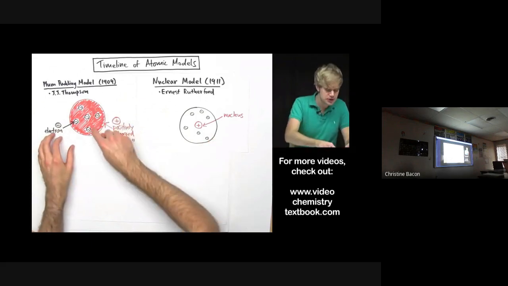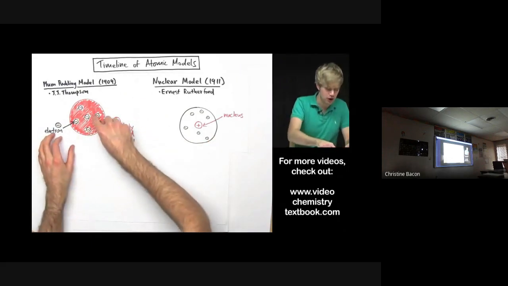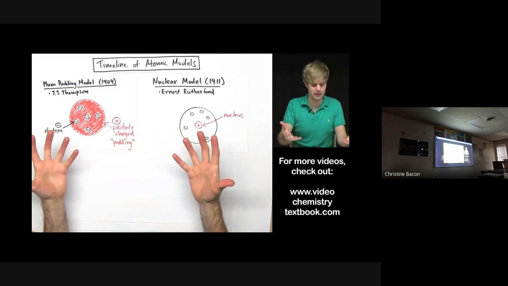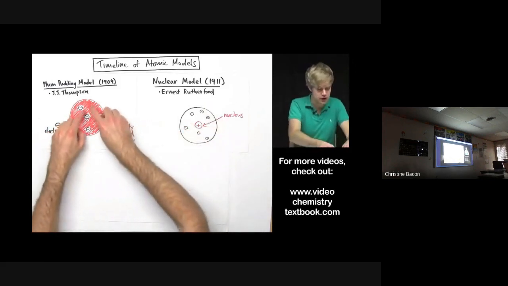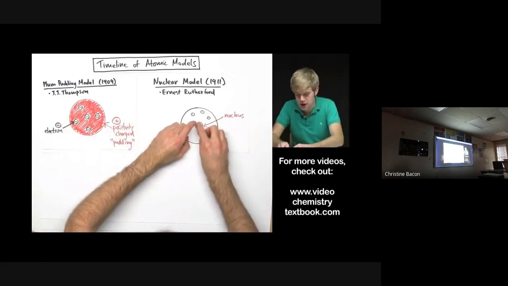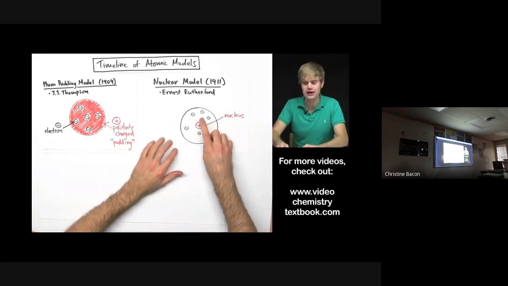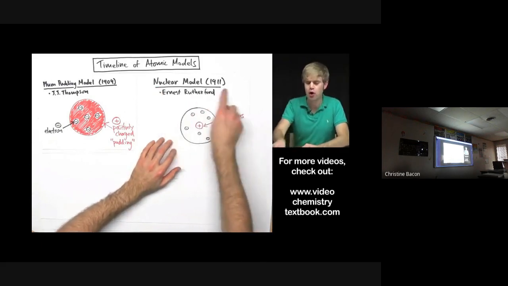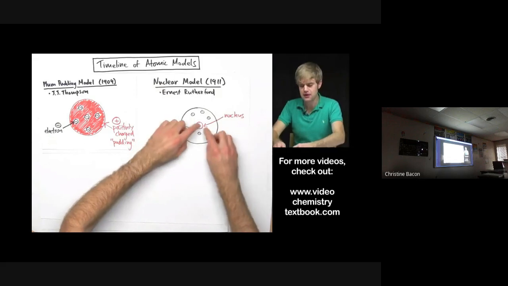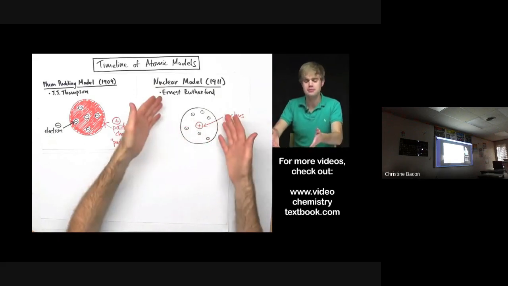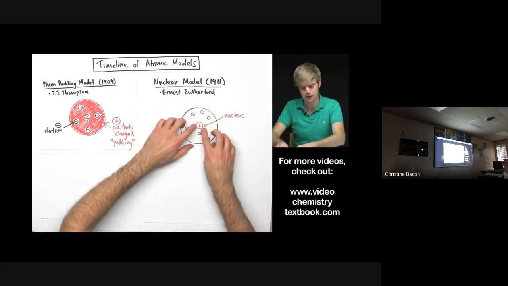So J.J. Thomson thought the positive charge was all distributed throughout, like dough in a muffin. But Rutherford showed that all this positive stuff was concentrated right here in the center. And this is what we call the nuclear model of the atom, because it has a nucleus. Sometimes people call this the Rutherford model.